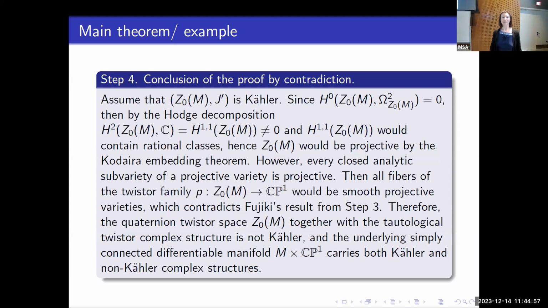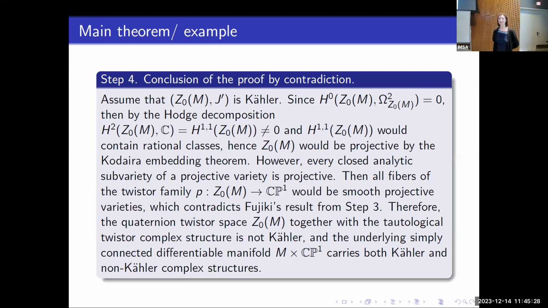Okay, so now let's conclude the proof. If you assume that the small Twistor space of M, together with this Twistor complex structure, is Kähler, then once you have the Kähler condition, you have the Hodge decomposition. So then H2 consists of H11 of the small Twistor space.